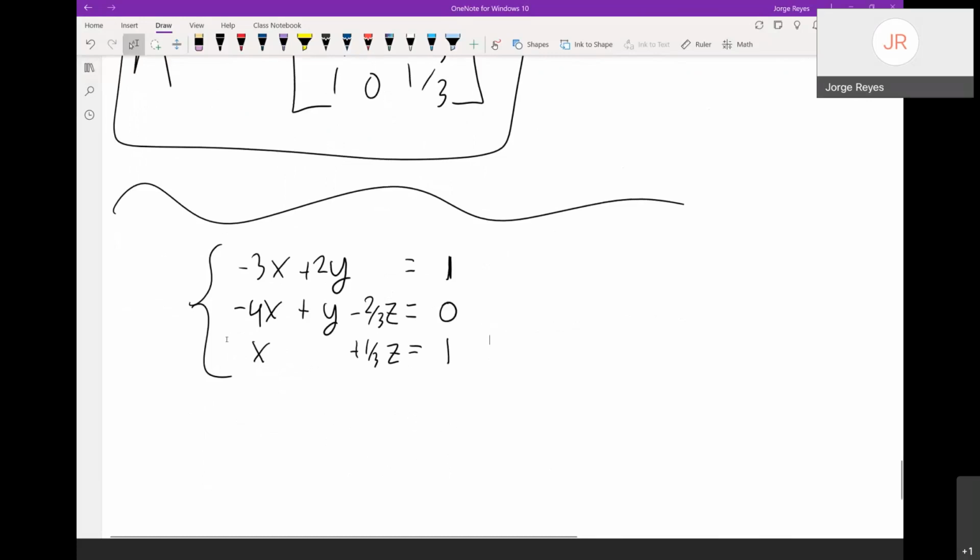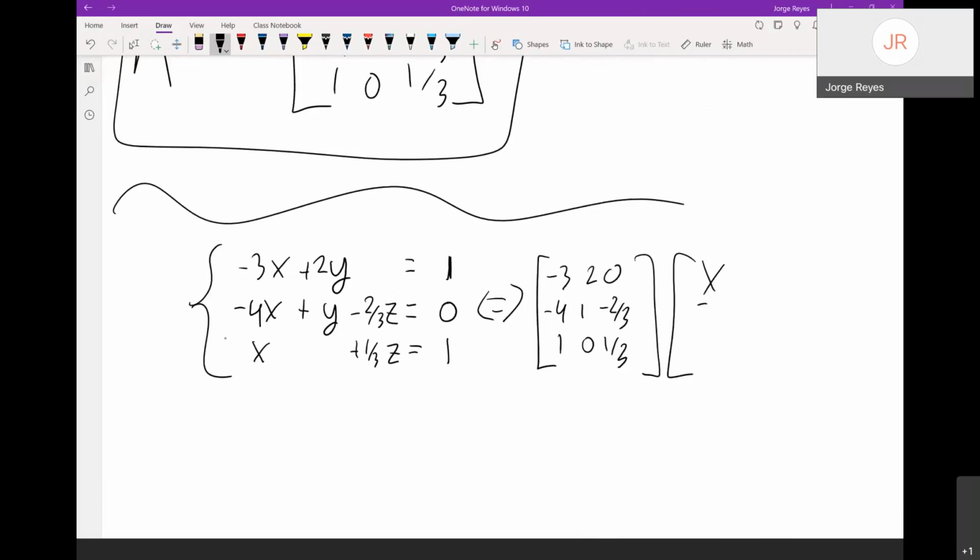Well, right, we know if I translate it into a matrix equation, this is negative 3, 2, 0, negative 4, 1, negative 2/3, 1, 0, 1/3, right? And then we have our variables. And then we have the answer.